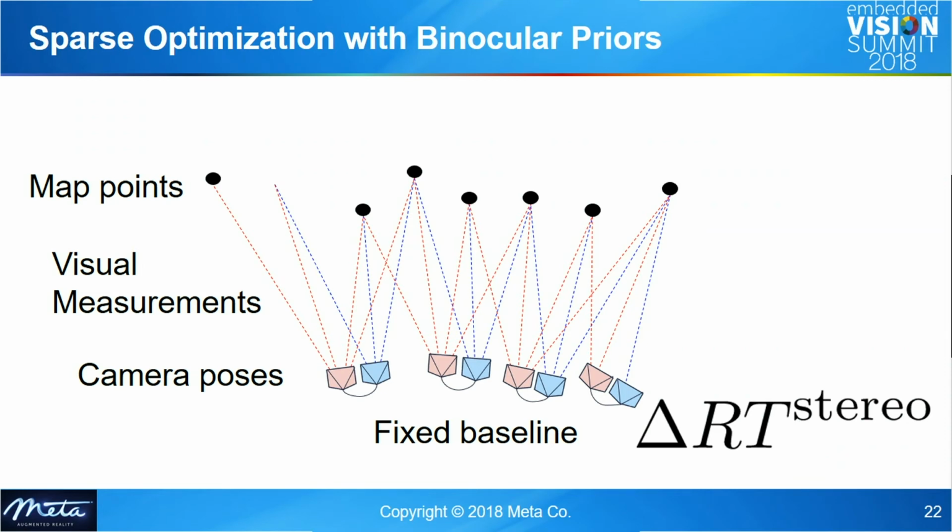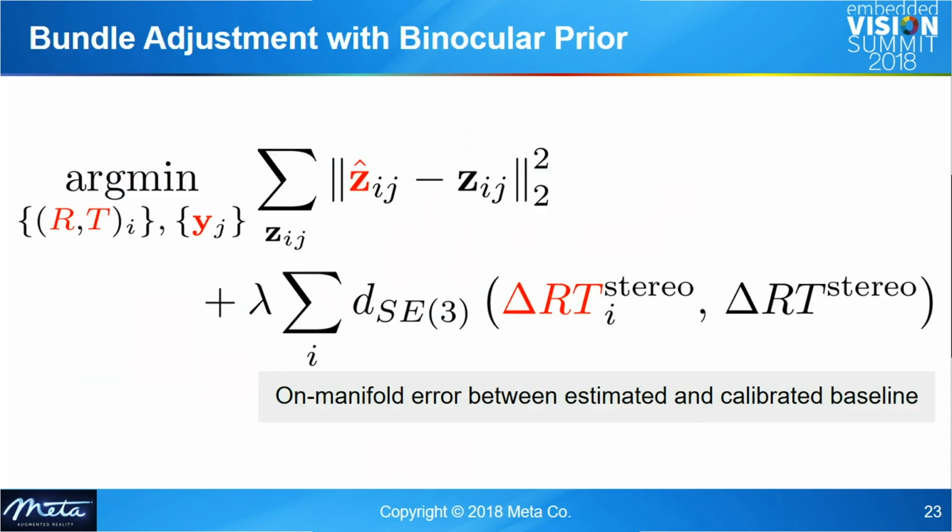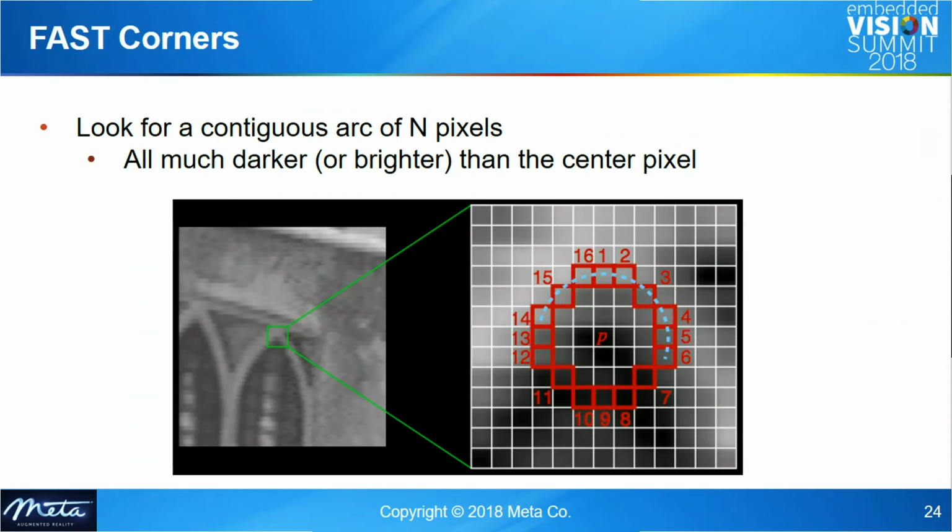We know what the metric distance between the cameras is. This is a fixed baseline, and as long as we see enough points in the world with both cameras, this fixed baseline will allow us to solve for the metric scale. And this would be added as another constraint to the equation. All right. So moving on.